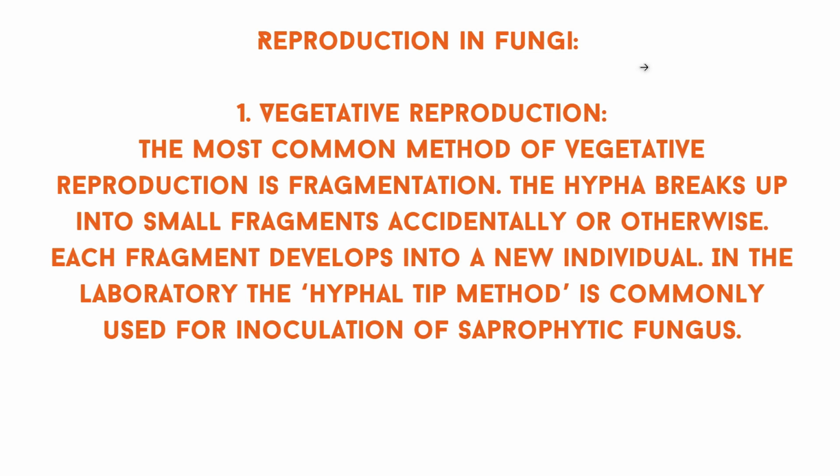In the process of fragmentation, the hyphae break up into smaller fragments accidentally or otherwise. They break up the mycelia into smaller fragments, and the individual fragments try to develop into a new mycelium, new mycelia and fungal cell.